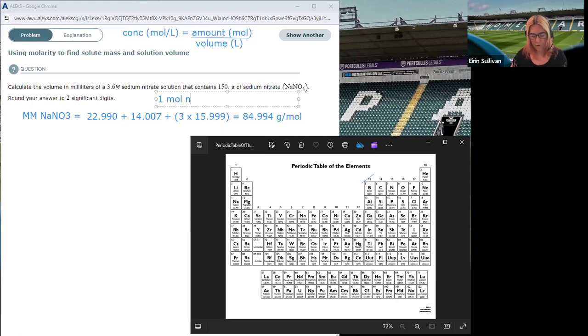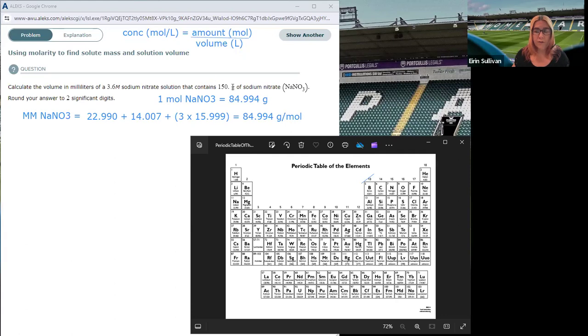So for every 1 mole of sodium nitrate, that is going to be a capital N, please, exactly 84.994 grams.